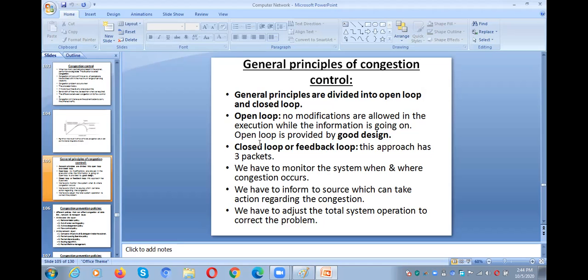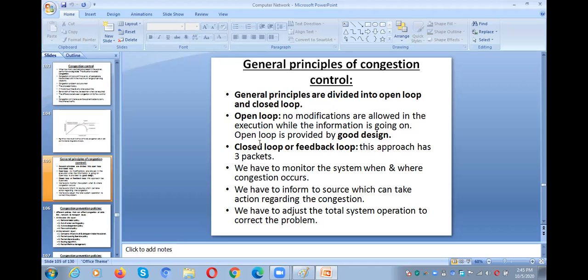So you need to construct the virtual circuit. Whenever you create a connection establishment, at the time of connection itself you need to design a very good network so that there will be no collisions. Okay, that is called open loop.